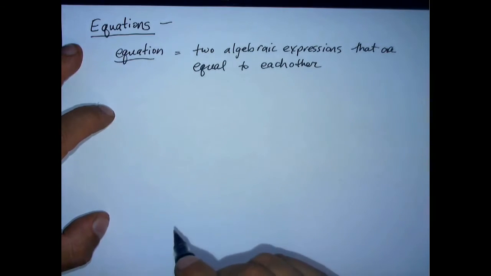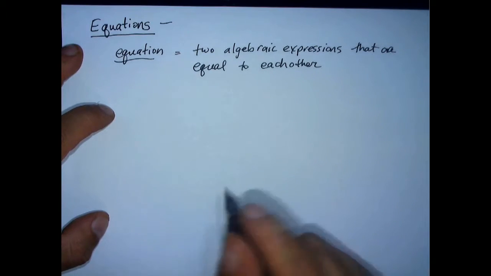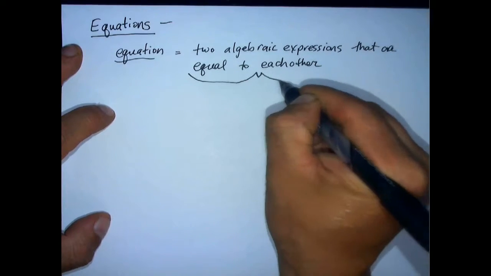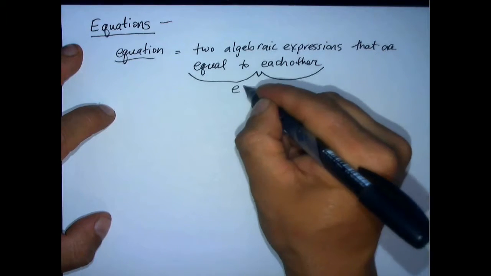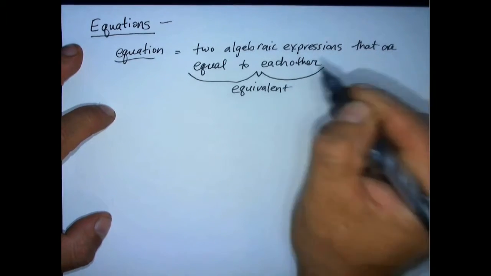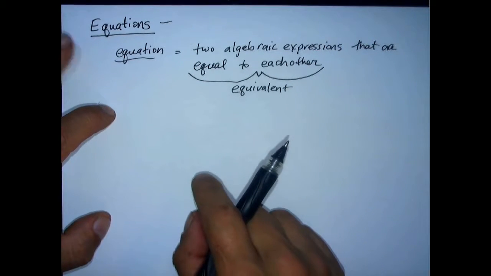Two algebraic expressions that are equal to each other. And in the future, instead of using the word equal to each other, I'm going to use a fancy word, equivalent. Equivalent means two things are equal to each other. Two algebraic expressions that are equivalent.